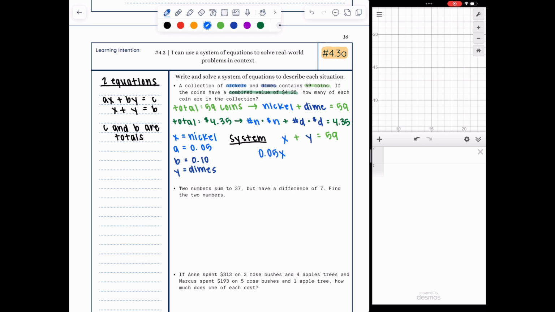We know that each nickel is 5 cents, and we'll multiply that by how many nickels there are. Then we know each dime is 10 cents, and we'll multiply that number by how many dimes there are. This is the equation that's going to get us to $4.35, because this is where the monetary value and not just the physical number of the coins comes into play.